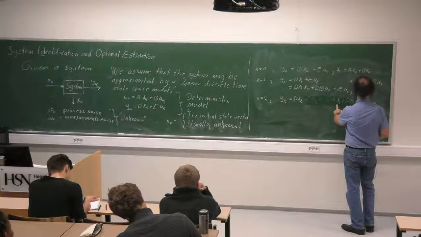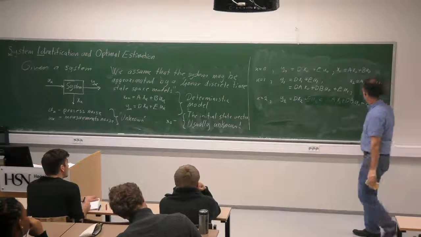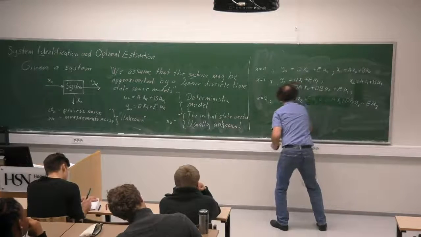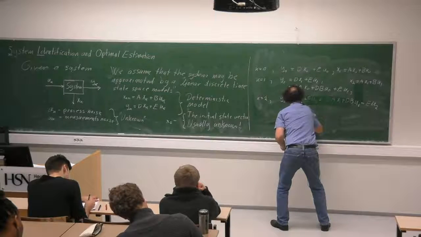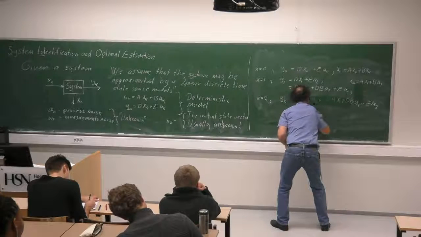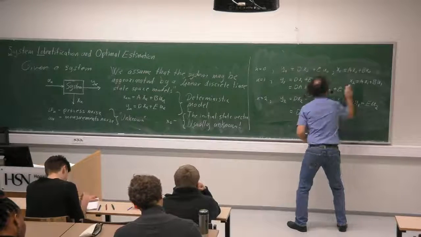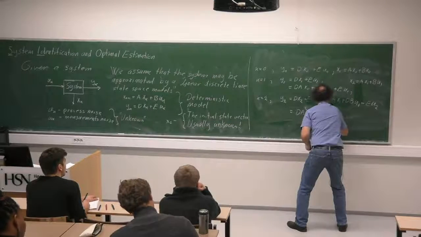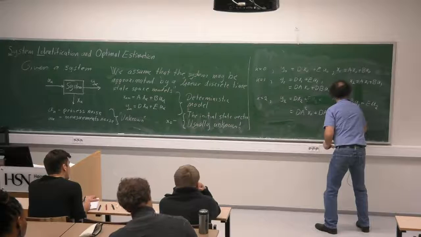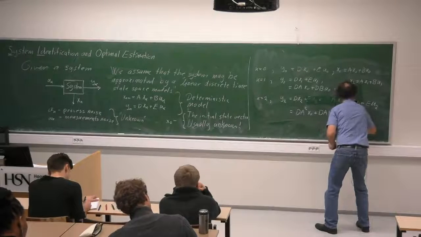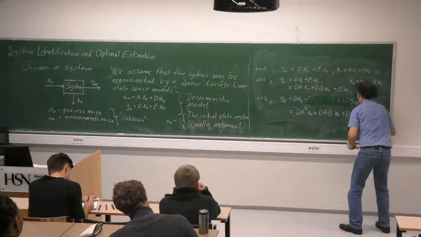And we also can put in x1 here from this equation. And then we have that the output at discrete time 2 is D A squared x0 plus D A B u0 plus D B u1 plus E u2.